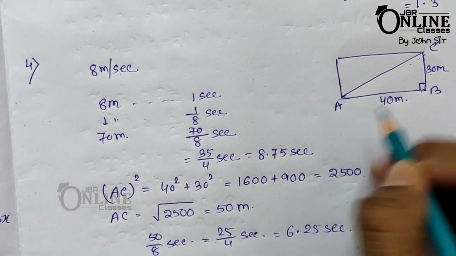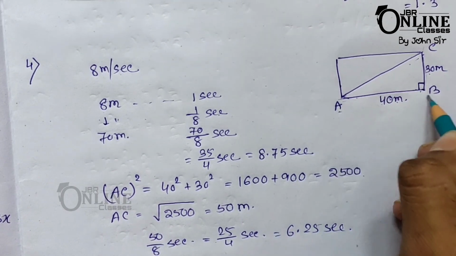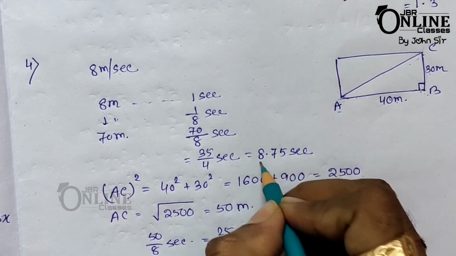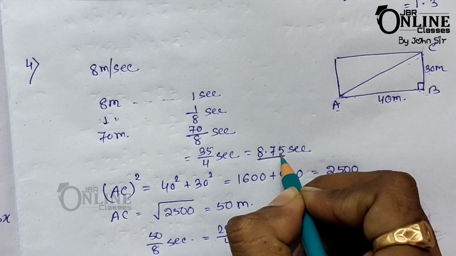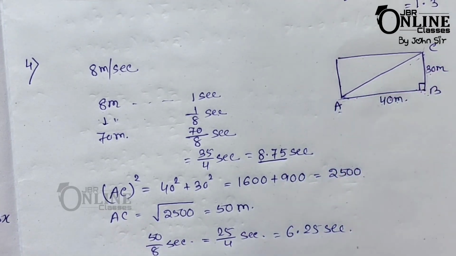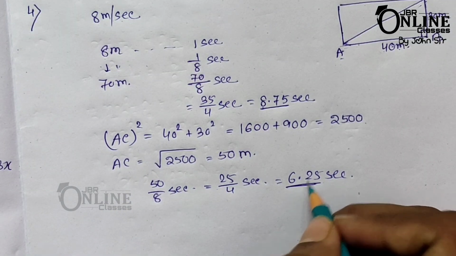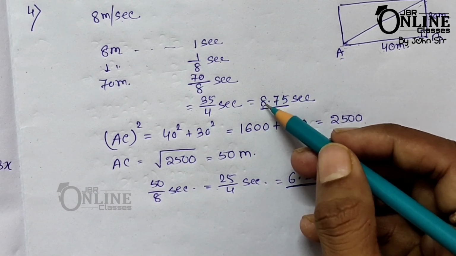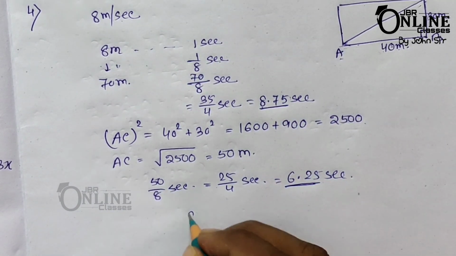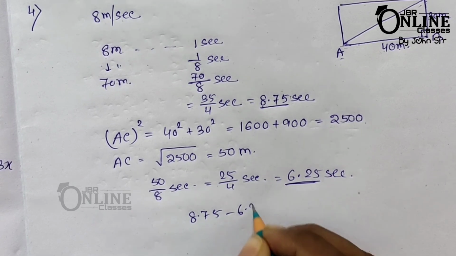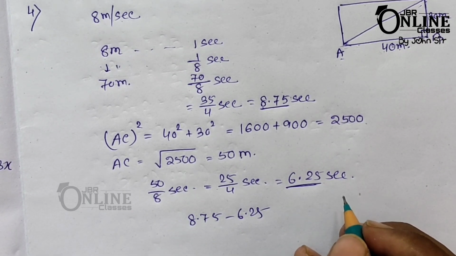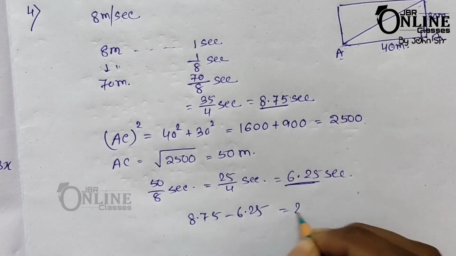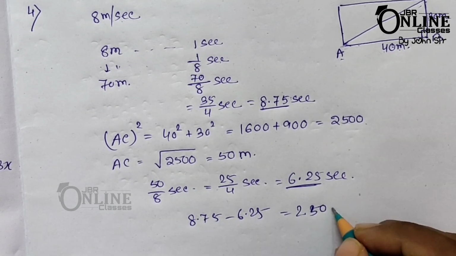So if you use the path A to B and B to C, you will need 8.75 seconds. If you go directly from A to C, you will need 6.25 seconds. That means after subtracting, 8.75 minus 6.25, that means 2.50 seconds.